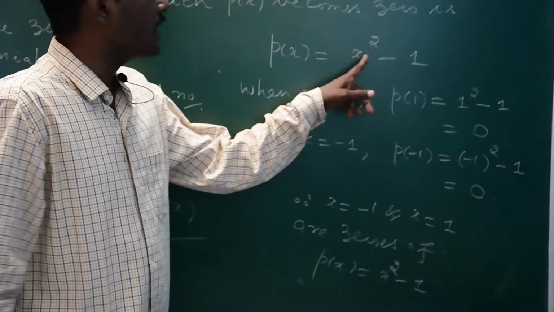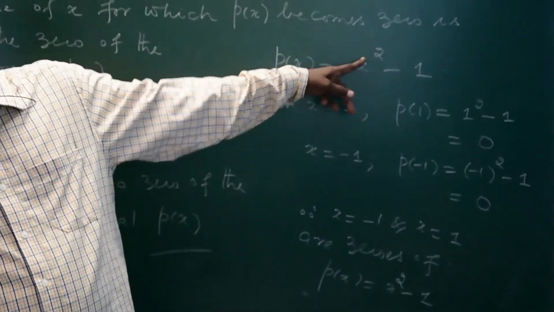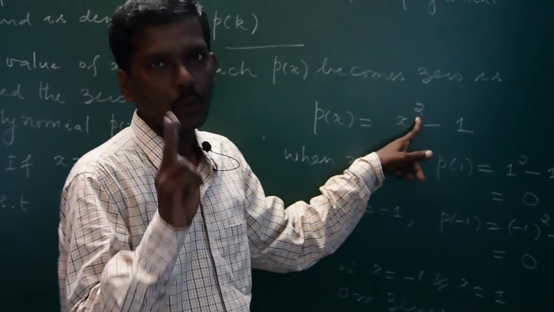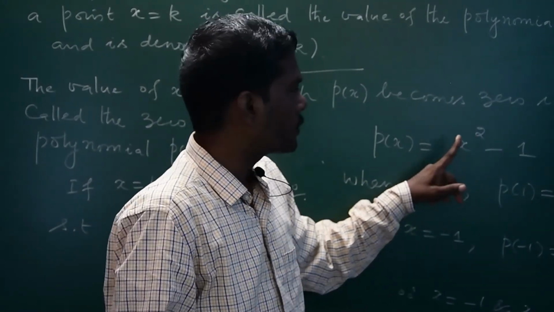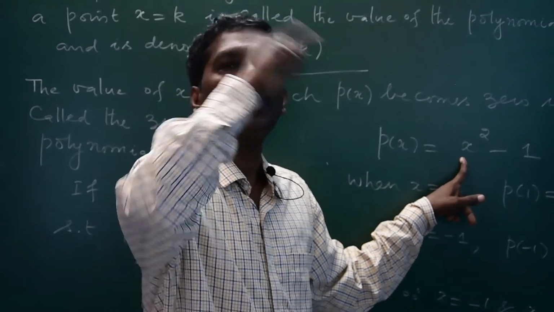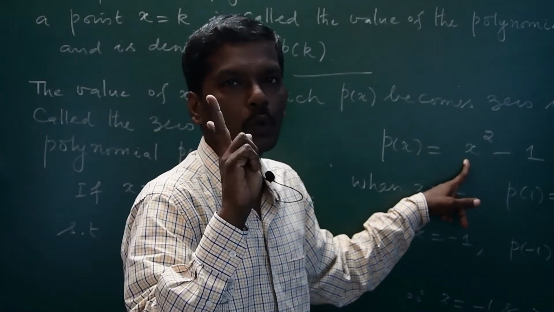Now you look at the degree of the polynomial. What is the degree of the polynomial? 2. So if the degree of the polynomial is 2, this polynomial can at the most have 2 zeros.